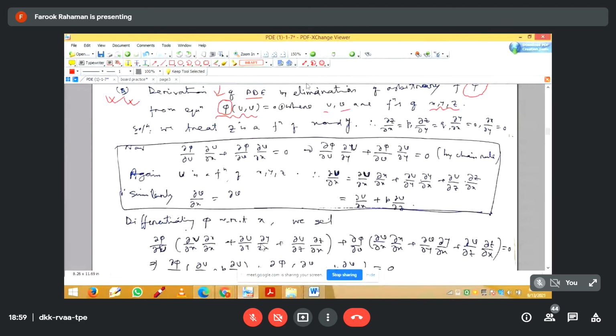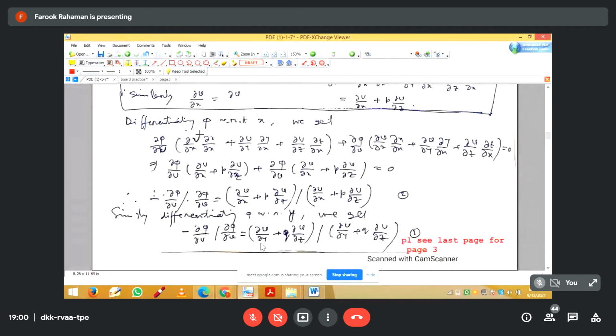Now, as previous, we use the notation del z by del x equal to p, del z by del y equal to q, and we have to write this one, that is del y by del x equal to 0. Why? Anyone? Why del y by del x equal to 0 and del x by del y equal to 0? X, y are independent variables. Good, very good. These x, y are independent, so these two terms are 0.